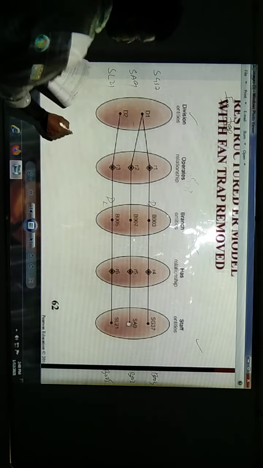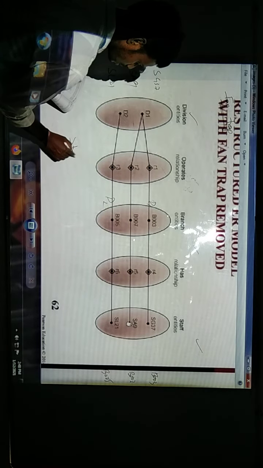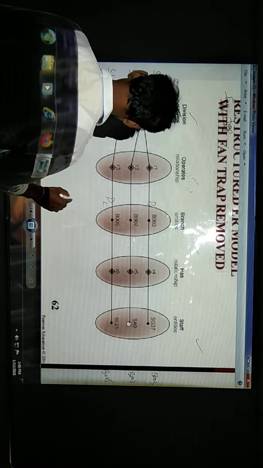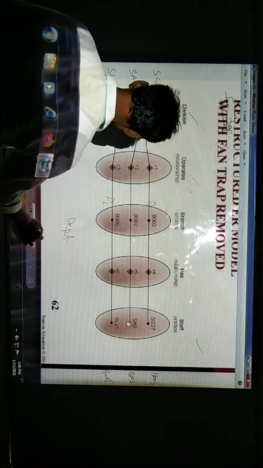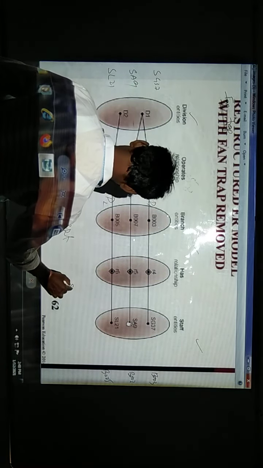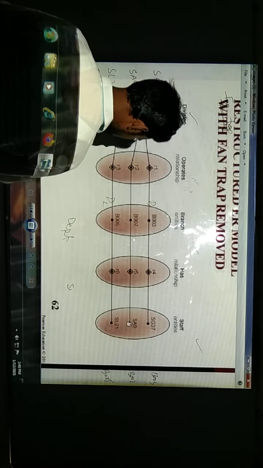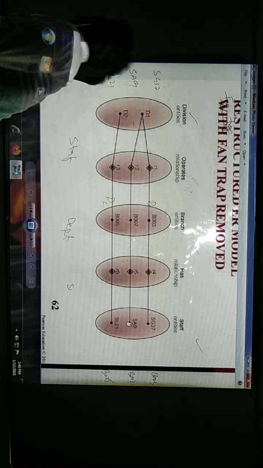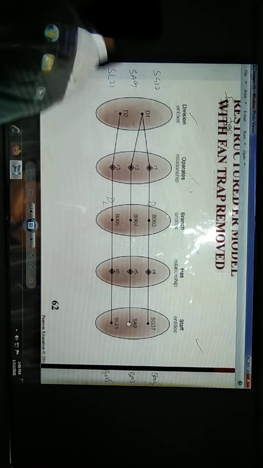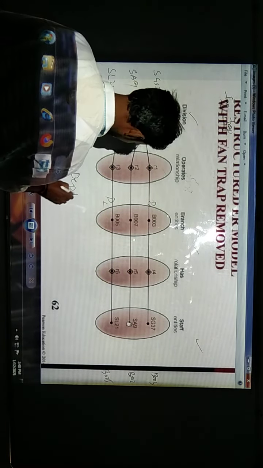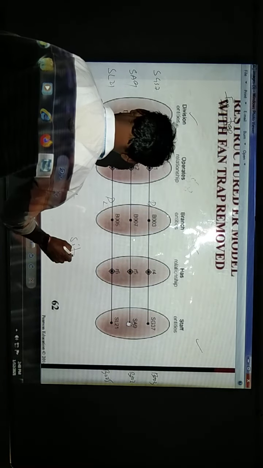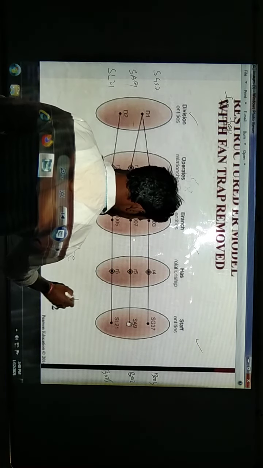What they have given is staff, and then we are having a relation, and then an entity called department. We are having entities like department, site, and staff.